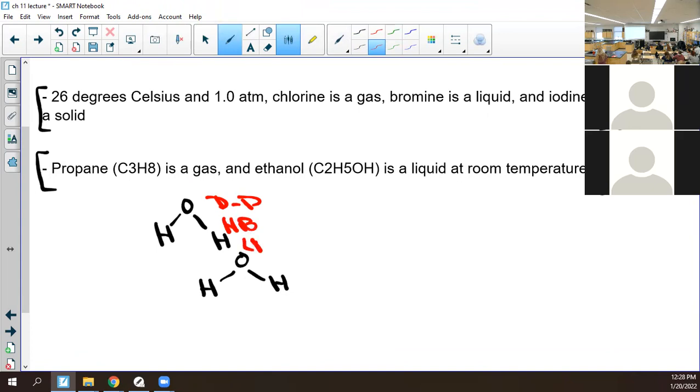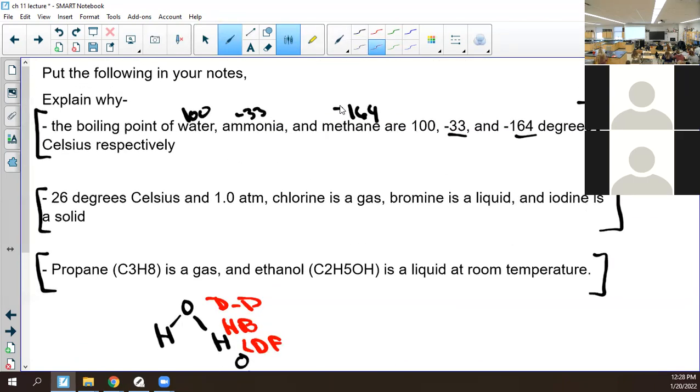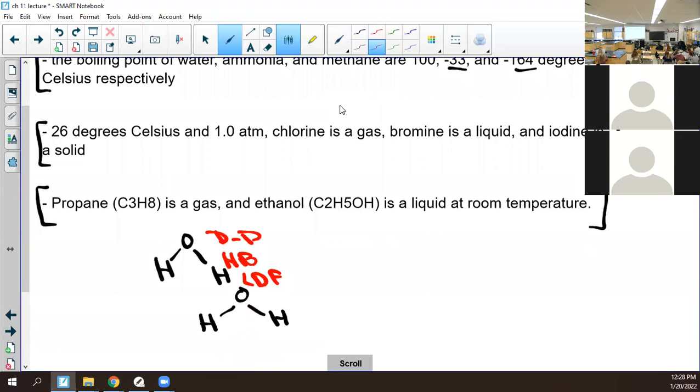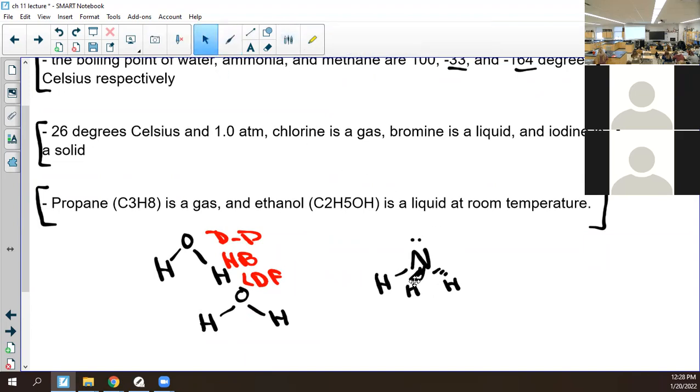and LDF. Okay, so what else did I have here? I have ammonia, which is NH3. You with me on that so far? This is supposed to be a wedge and a dash. It didn't work.